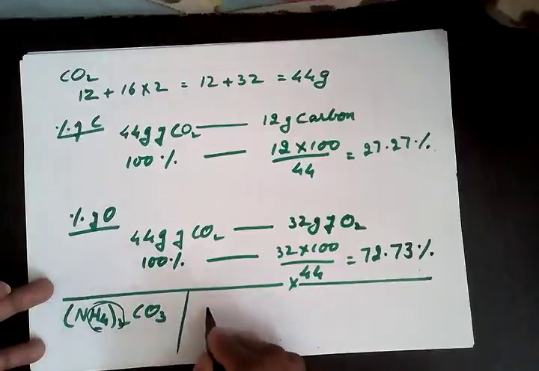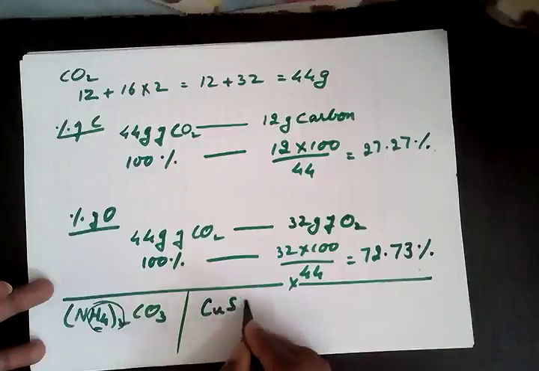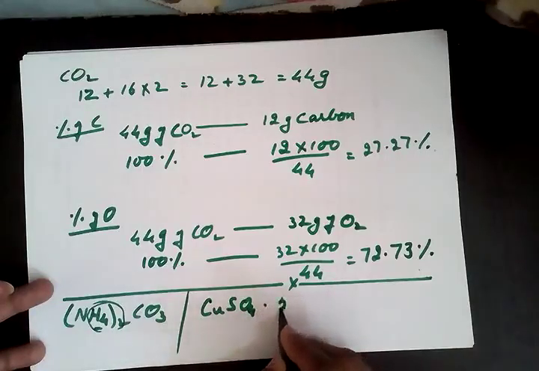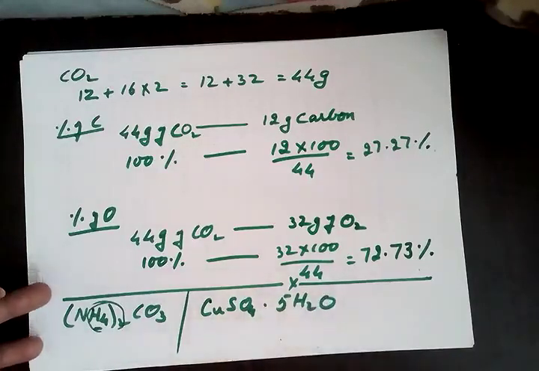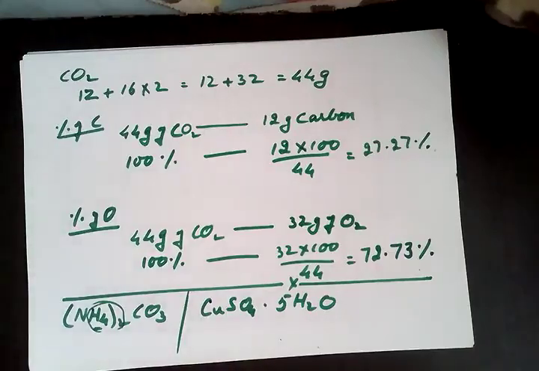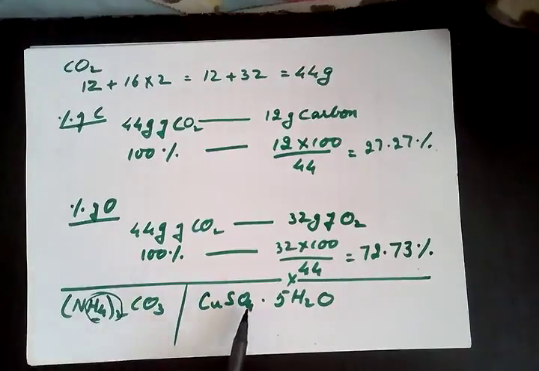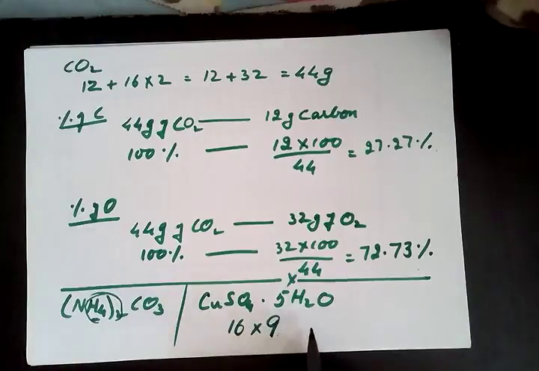We may also ask you something related to water of crystallization, copper sulfate dot 5H2O. Here, if I ask you to find the percentage of oxygen, you will calculate the oxygen, 4 present over here and 5 here, totally 16 into 9 of oxygen.